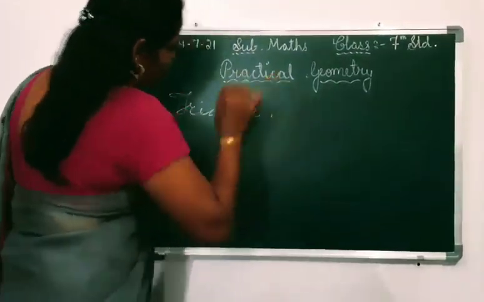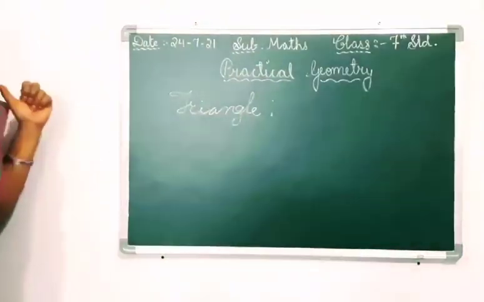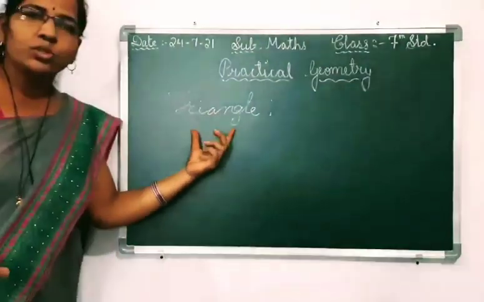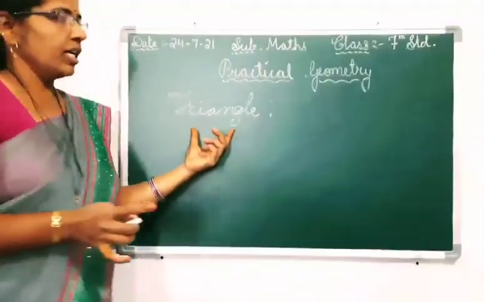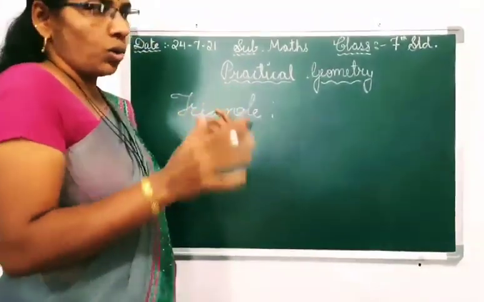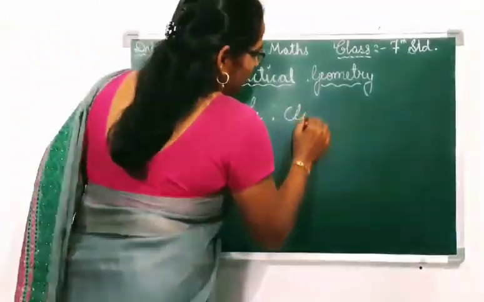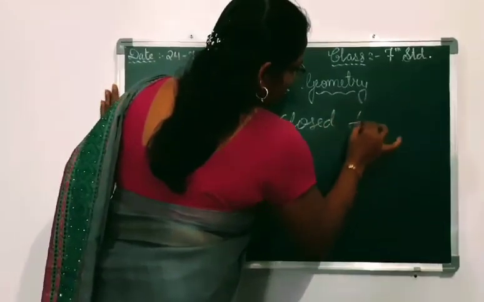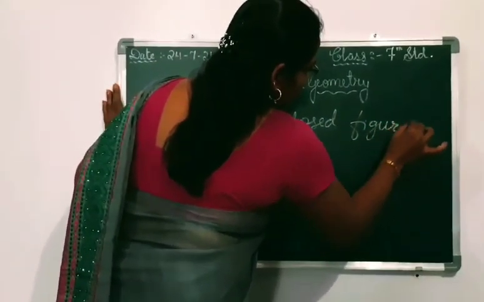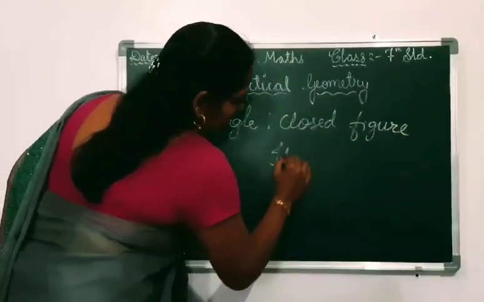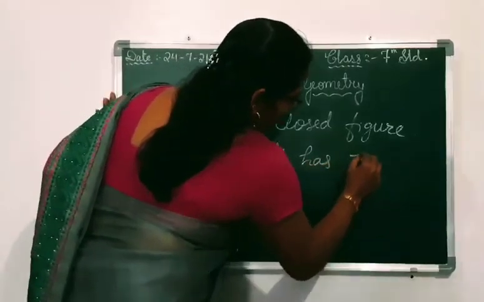Before that, we will learn the meaning of a triangle. A triangle is also a closed figure. It has 3 sides.